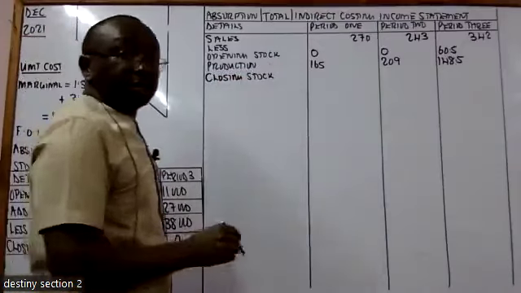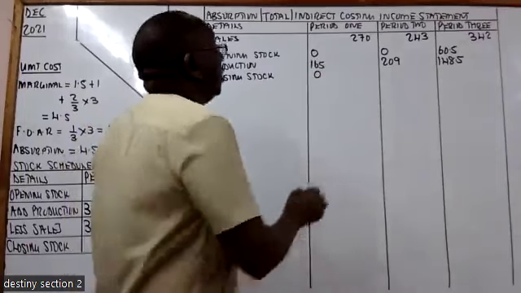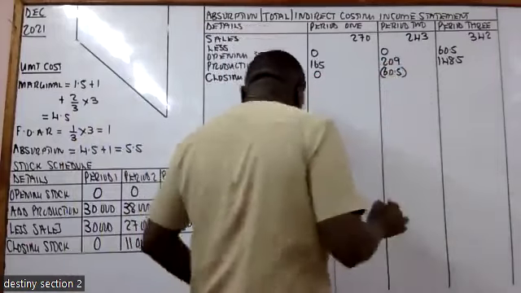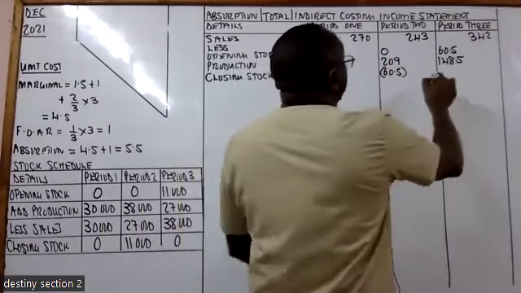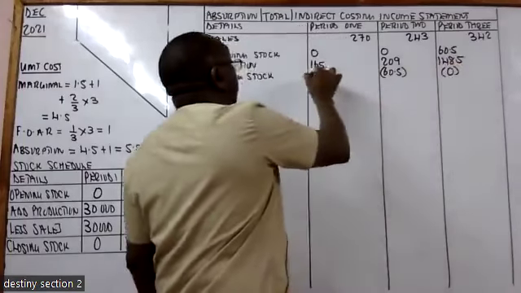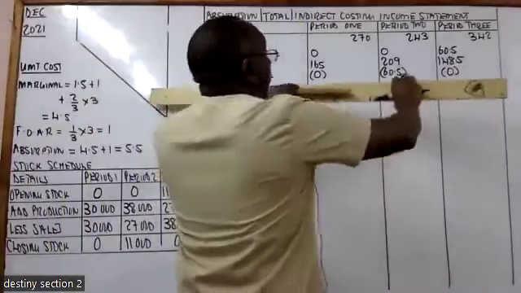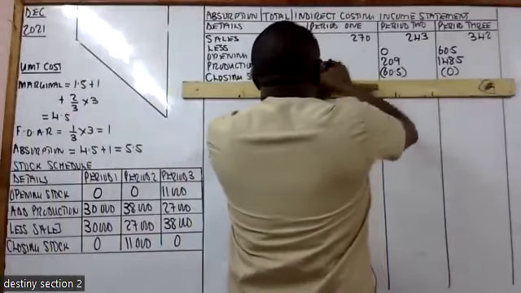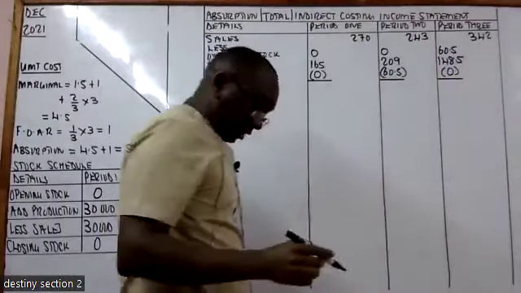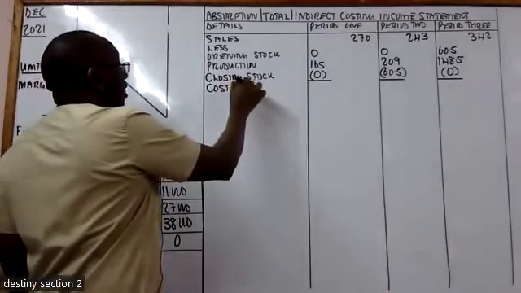I have closing stock. Closing stock in the first period it is 0. In the second period it is 60.5. The third period it is 0. Sasa, with that now, we can comfortably come and get our cost of sales.